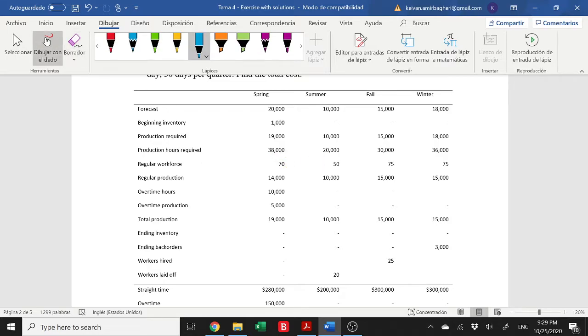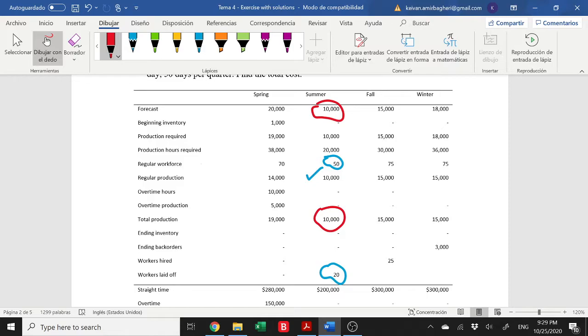Perfect. With 50 units of workers, we can answer the regular production of 10,000. And as you see, I just listed here the 20 workers that we say goodbye to for summer. I produce 10,000, while my forecast was 10,000.